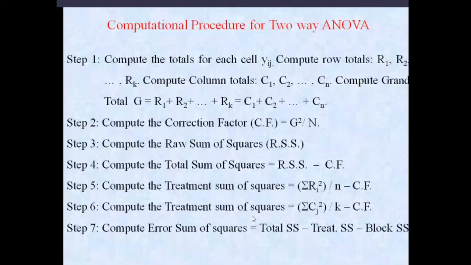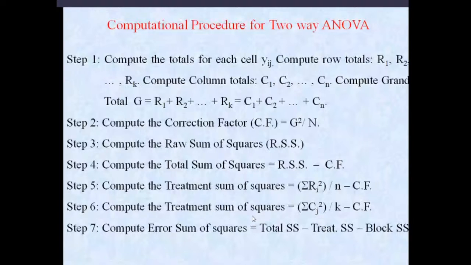So you calculate the totals for each row, called R1, R2, R3, and so on, Rk, and also calculate the total corresponding to each level of factor B. That is also called the column totals, C1, C2, and so on, Cn. Then compute the grand total.